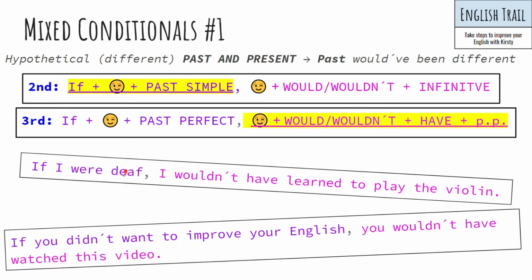Now notice that this state is true for the past and the present. Well, it's hypothetical for the past and the present, and the effect is in the past. It's an action that would have been different in the past, or something that would have been different in the past.